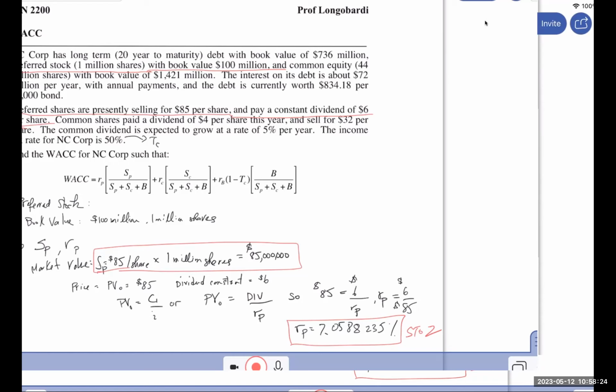Stop, I made a mistake. I was rushing. It paid $4 this year, but next year, how much is it going to be? 5% more. So we have to apply the next one, because it's always the next one, right?